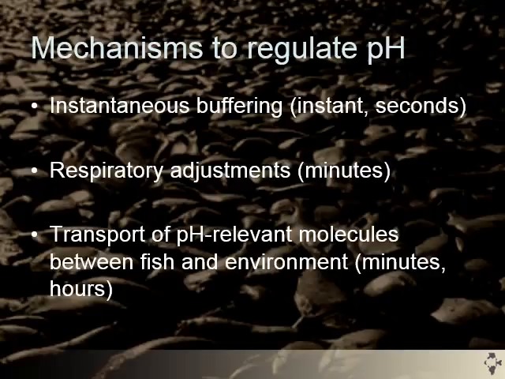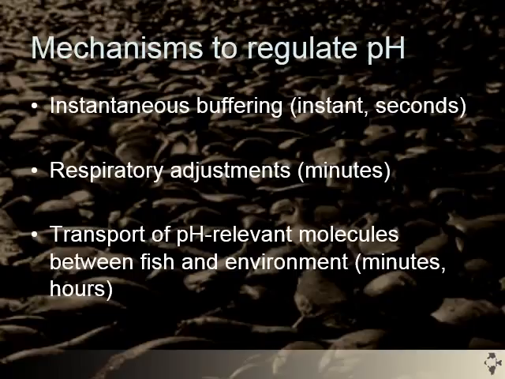So for example, if aerobic respiration is occurring within a particular cell, it's going to be producing some CO2. That CO2 acts as an acid but can be buffered by the presence of additional bicarbonate ions or organic or inorganic phosphates or other buffers that may be dissolved within the intracellular fluid of that particular cell. So it's a very local, very rapid buffering.